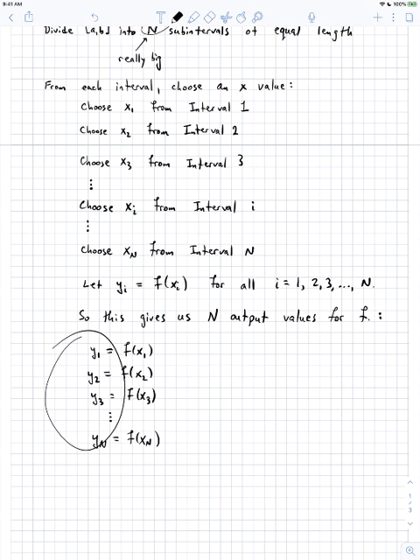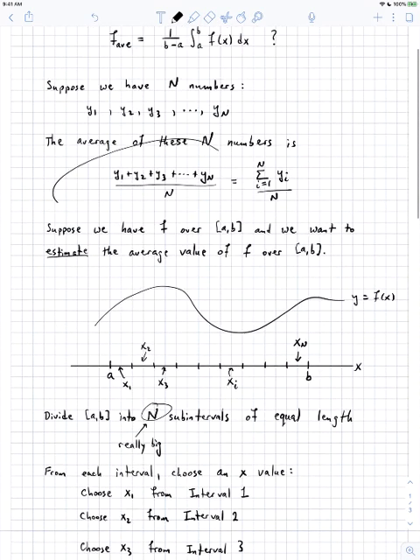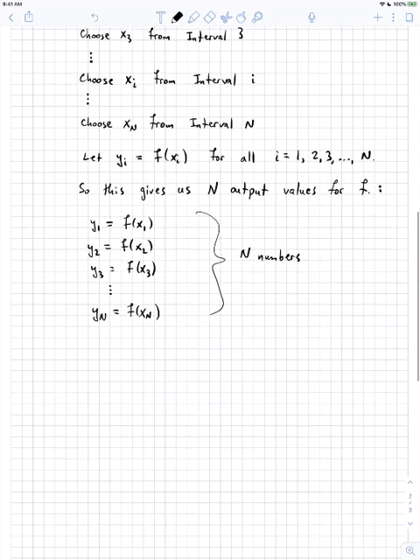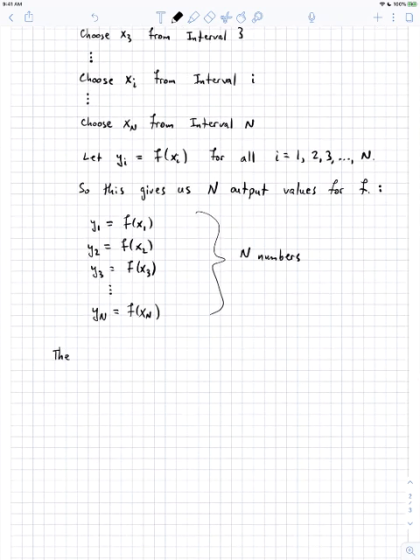Now these y values are just numbers, so these are n numbers. And we know how to compute the average value of n numbers. In fact, we have it right up here. You just add them together and divide by n. So the average of these n numbers is y1 plus y2 plus y3 up to y sub n divided by n.